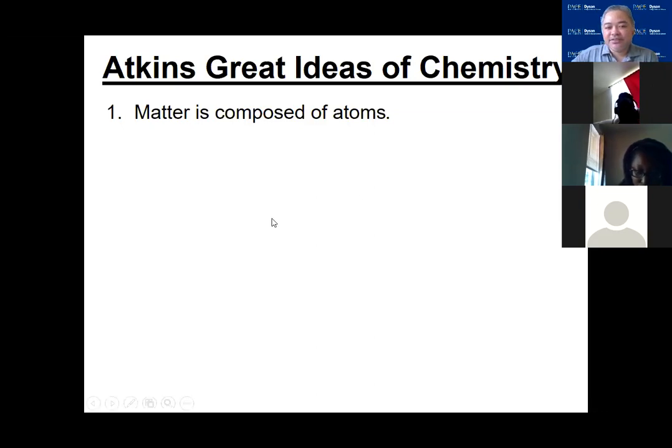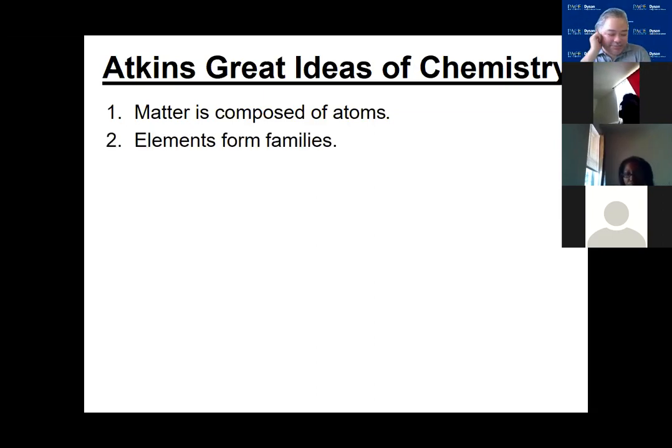Because if you look at the fundamental composition of all matter, it's made up of atoms. So whether it is a compound, if you break down the compound, from molecules, the molecules will break down to give you atoms.